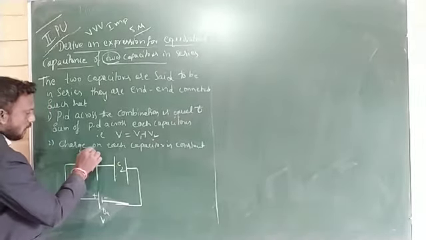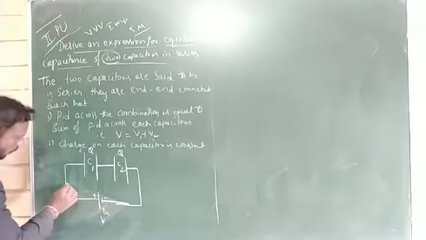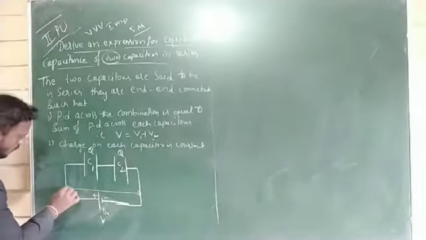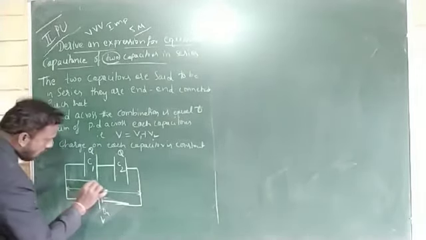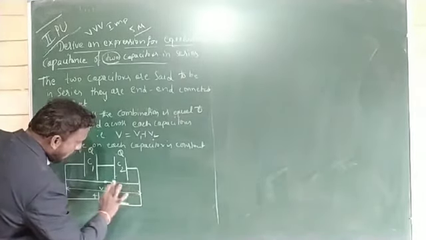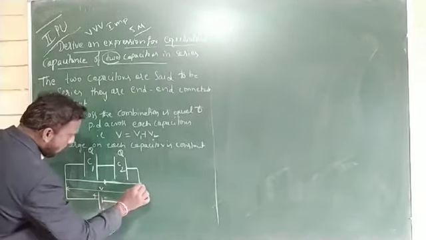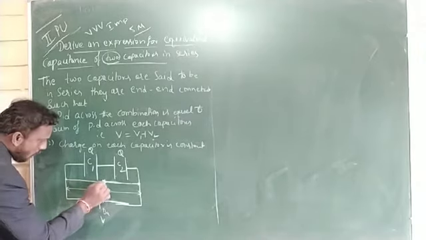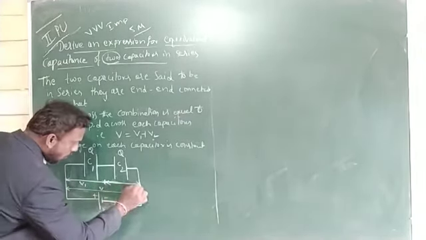The charge on each capacitor is the same, Q and Q. The total potential difference is V, but the potential differences across the capacitors are V1 and V2.